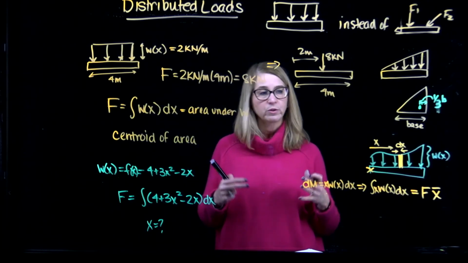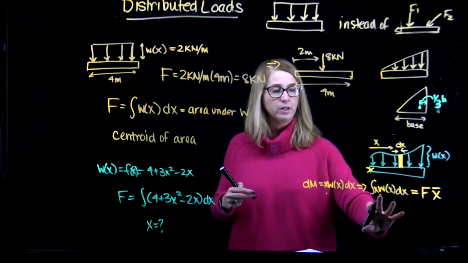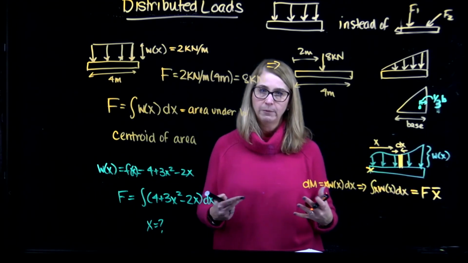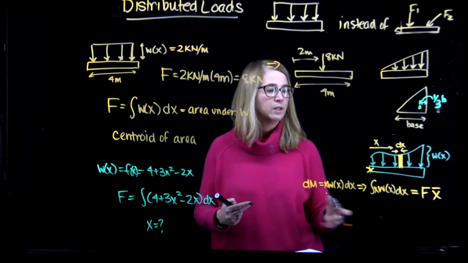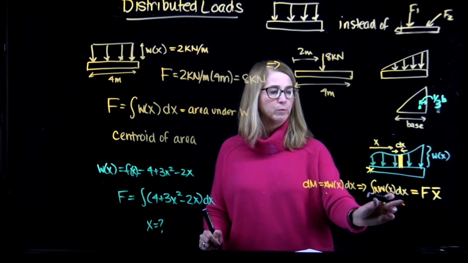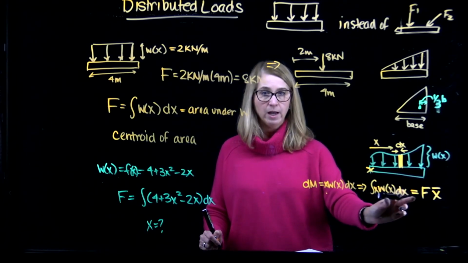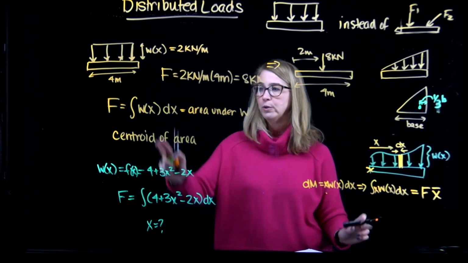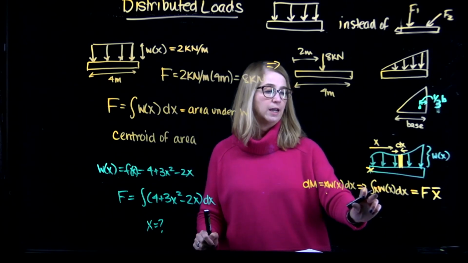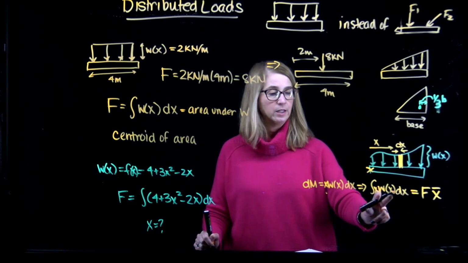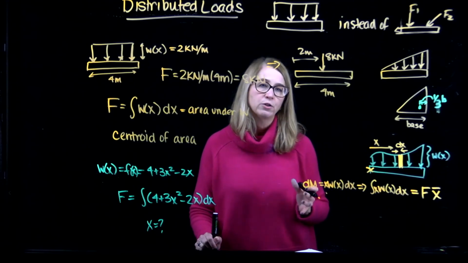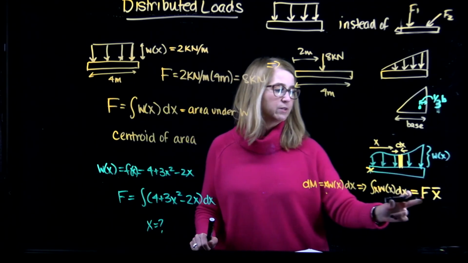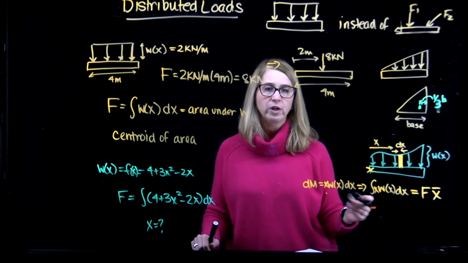Does that make sense? So if I do this integration of this strange curve, I would find the total moment would be x times the force. So instead of just doing this integral, I'm taking x times the w of x and integrating it. So that's the total moment due to my distributed load. I want to replace that by a single force, which I know what it is.